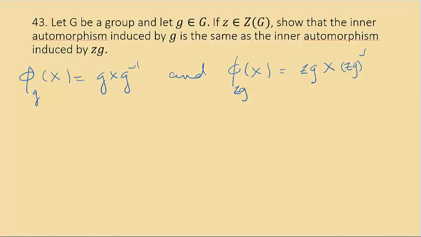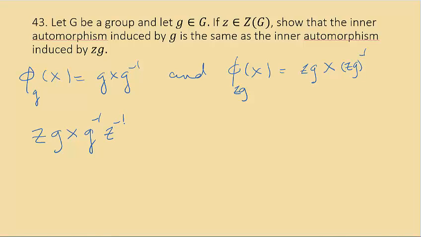In other words, if you want to show 2 mappings or 2 functions are the same, you need to show that for all x in G, phi sub g of x is the same as phi sub zg of x. So let's take phi sub zg of x here and write zg x, and then I'll change (zg) inverse to g inverse z inverse.